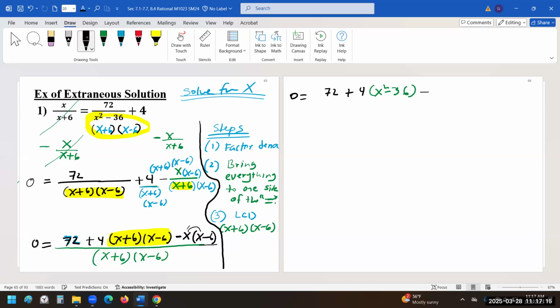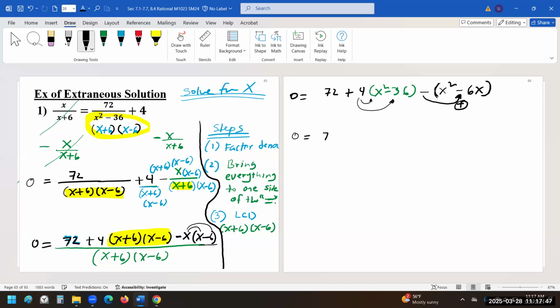And then we have negative x squared minus 6x inside the parentheses. Right. That's why I have my parentheses. So here we are going to distribute the negative, it will turn into positive. Here we are going to distribute the 4.